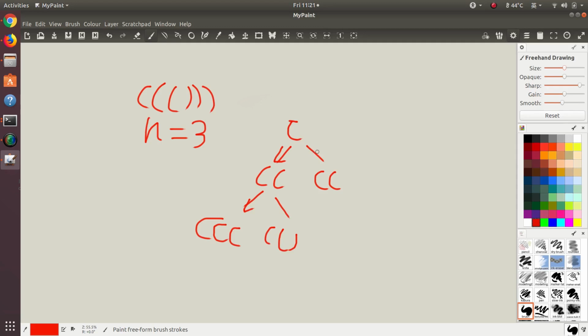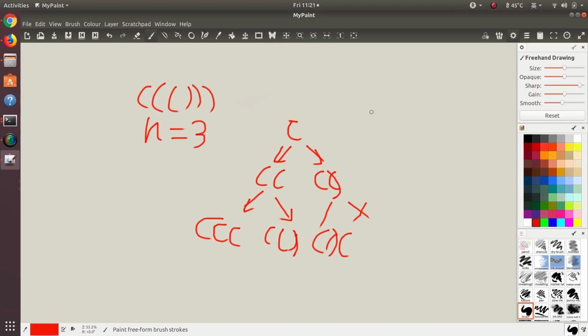And for the right quote, it should be a right quote, unless it covers up. For example, here it can only add one left quote and no longer any right quote, because if the right quote equals the number of left quotes, then we can't add another right quote, right?